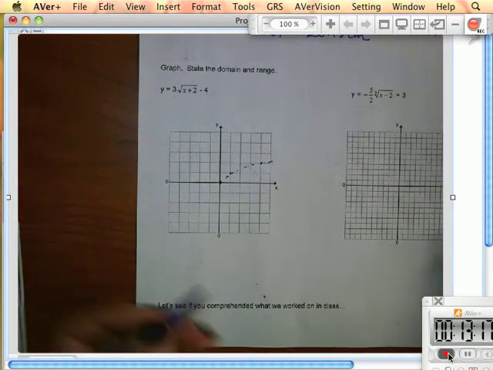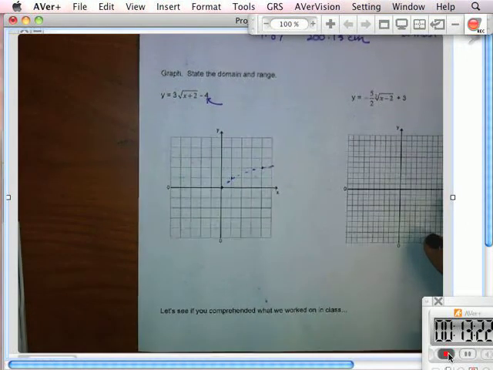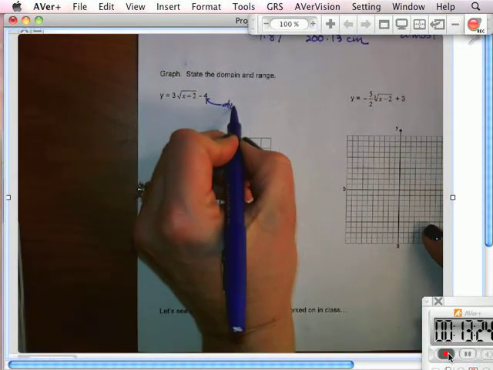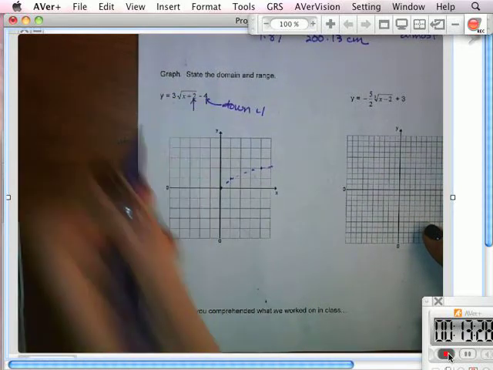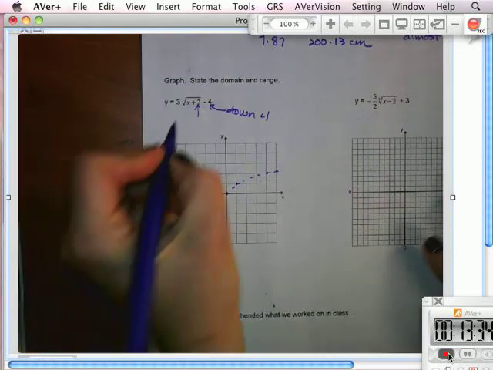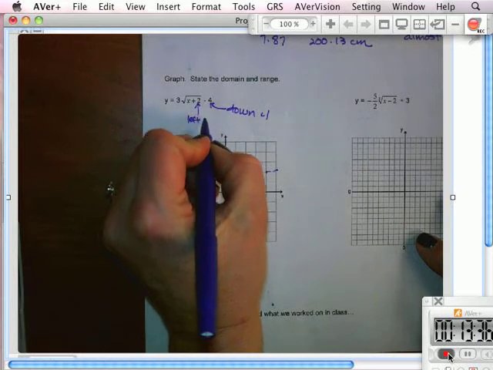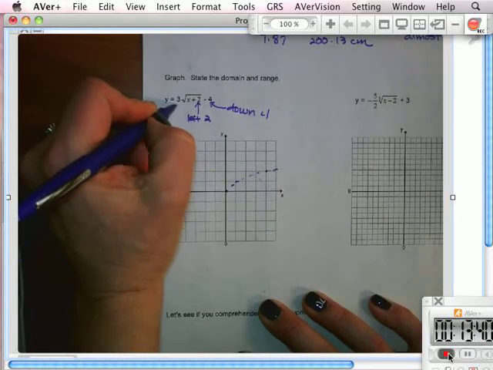Let's dissect what's happening here. What does the negative 4 do to it? Down 4. What does this 2 do to it? Tricky. You learned it. Left 2. What does the 3 do to it?